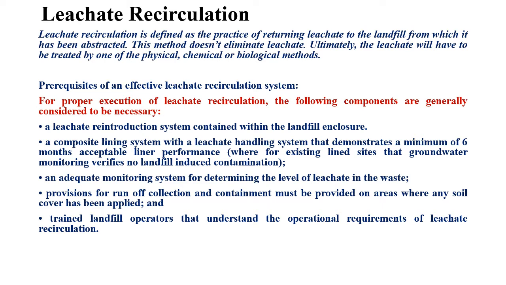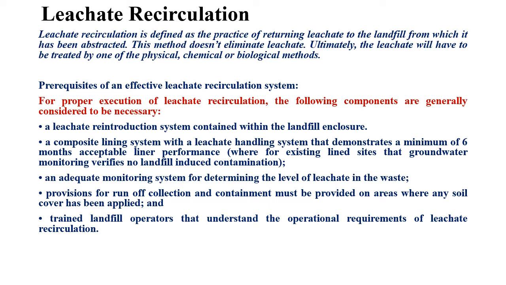If it's an already existing landfill site where you are proposing to start the leachate recirculation process, then you just need to monitor the groundwater at that landfill site, and if there is no traceable contamination in the groundwater samples, then you can introduce leachate recirculation in that old landfill site.